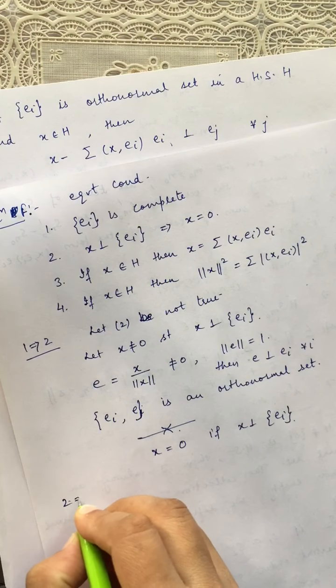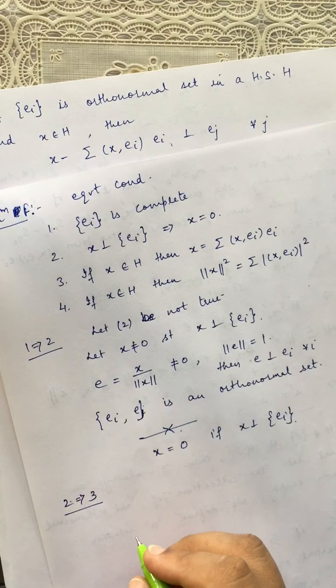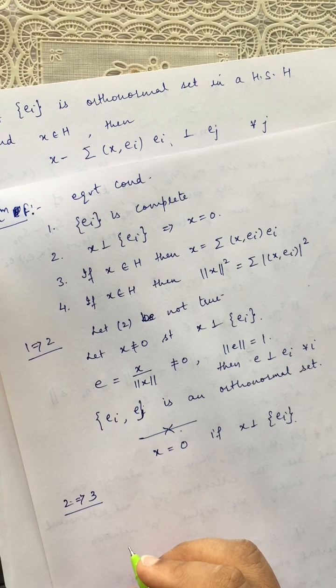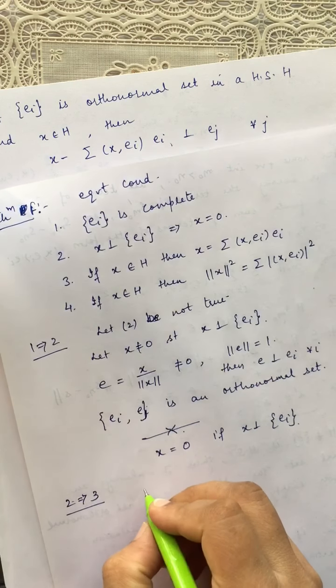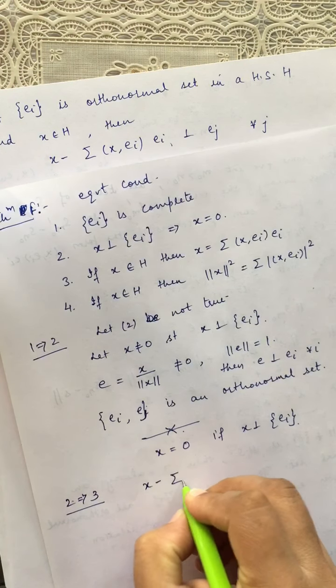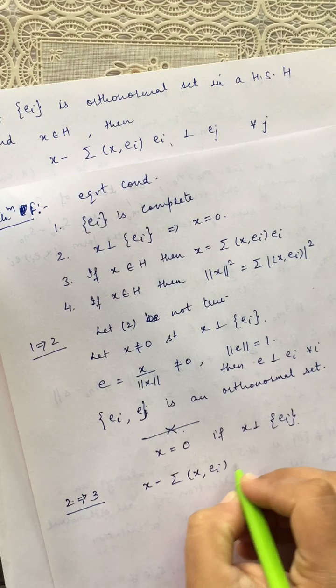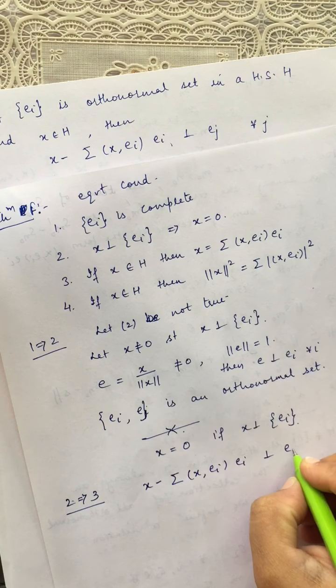So now we will prove 2 implies 3. Now by the previous theorem, theorem D, we have proved here that X minus summation X EI EI is orthogonal to the set EI, because in that theorem we have proved X minus summation is perpendicular to EJ for each j.